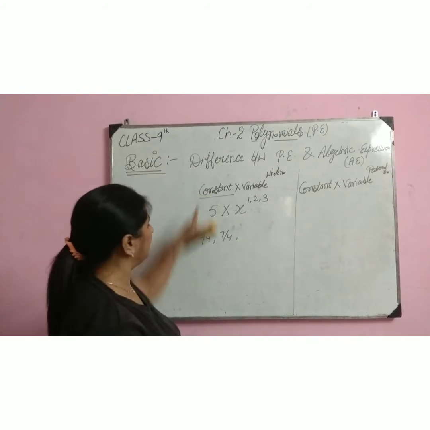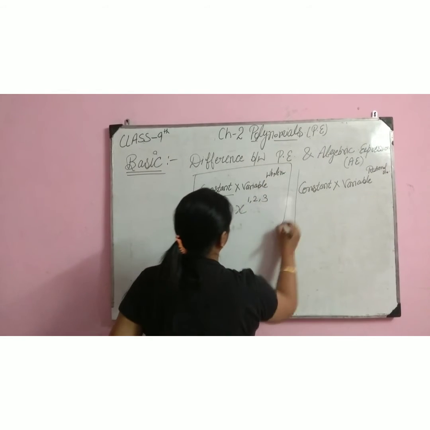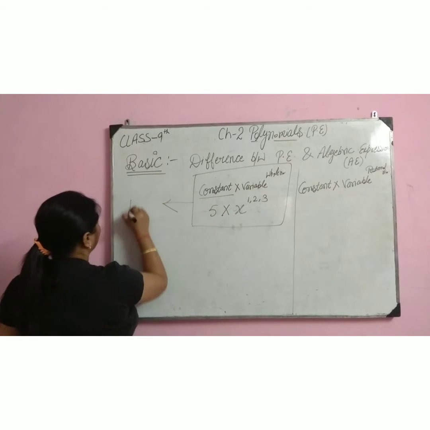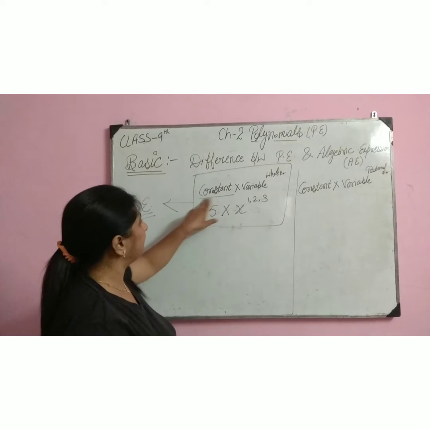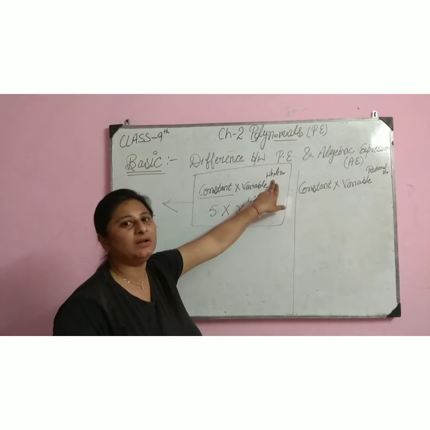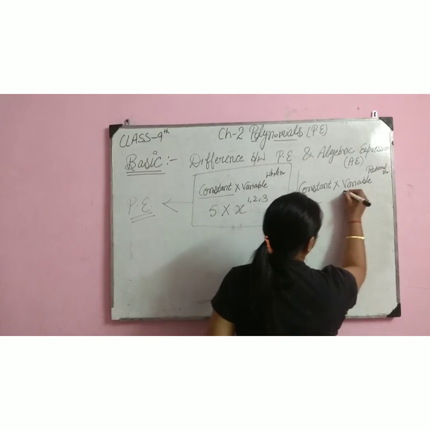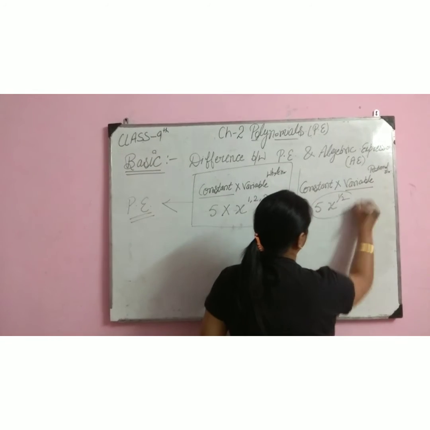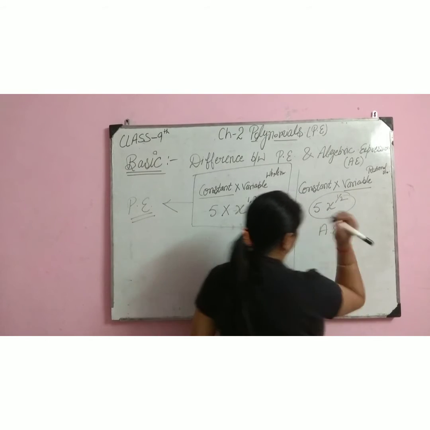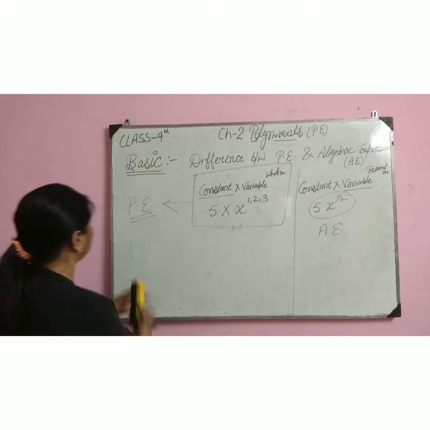This kind of expression is called a polynomial: constant into variable raised to a whole number power. If the power is a fraction, then the expression is called an algebraic expression. Clear? I hope you understand this concept.